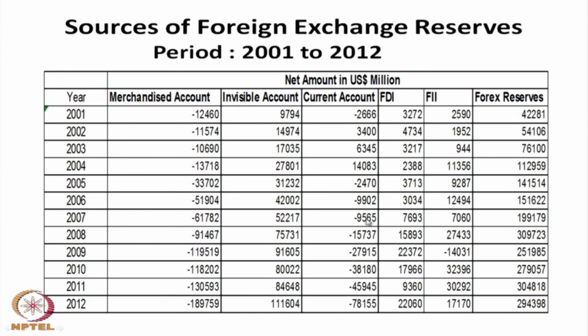After that it turned negative, because despite the increasing invisible sources of foreign exchange, the import is much more, and because of this our export and import deficit is not in a position to be covered by the invisible sources of earning, and this has increased the current account deficit over the years.